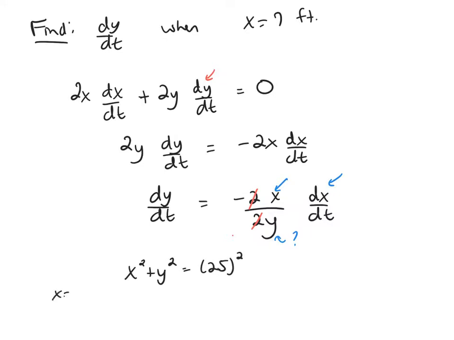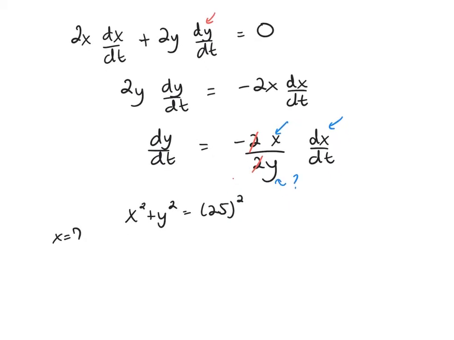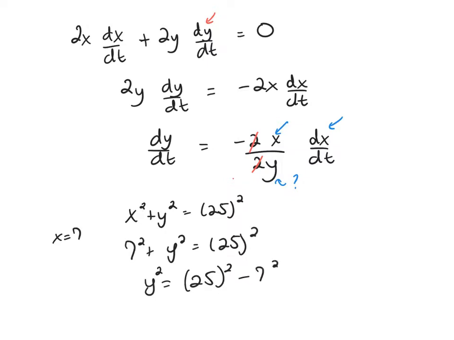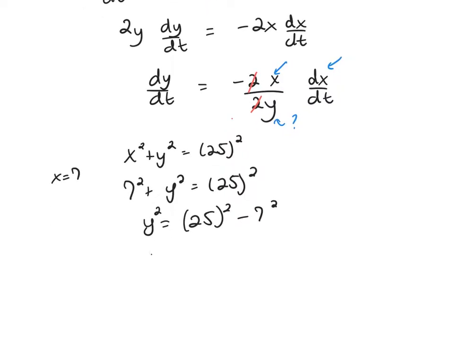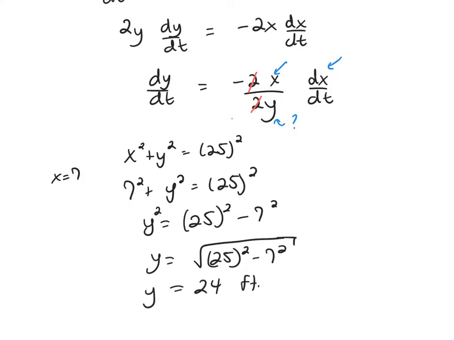We know that x equals 7, so 7 squared plus y squared equals 25 squared. So y squared will be 25 squared minus 7 squared. So I take the square root of 25 squared minus 7 squared, and if you use a calculator, you'll get y is 24 feet.